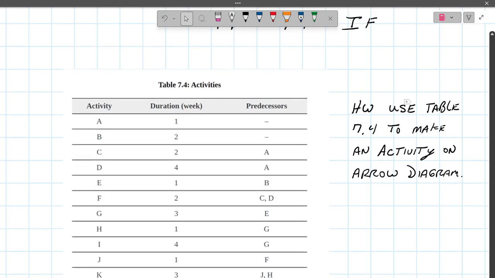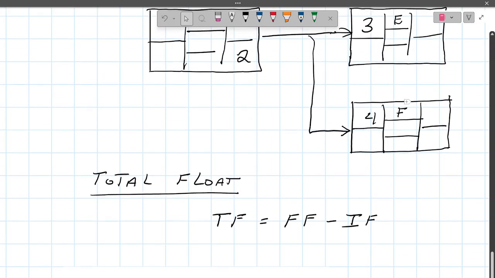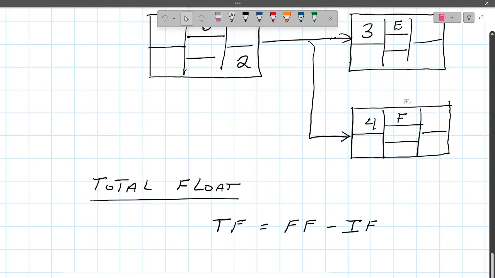And you said that was due tomorrow or in our class time?